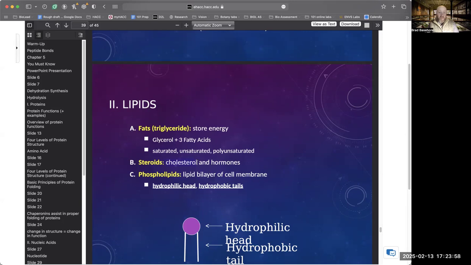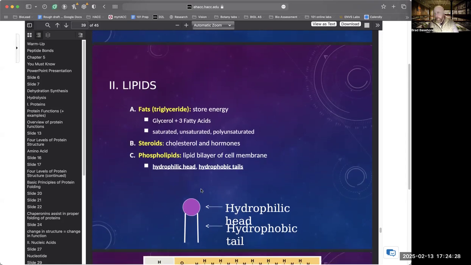Cholesterol is probably the most common steroid found in animals, but for us, your body's going to change the structure of cholesterol and turn it into estrogen, and then estrogen gets modified into testosterone. So, depending on how your body processes cholesterol into which hormones, that gives you a lot of your secondary sexual characteristics.